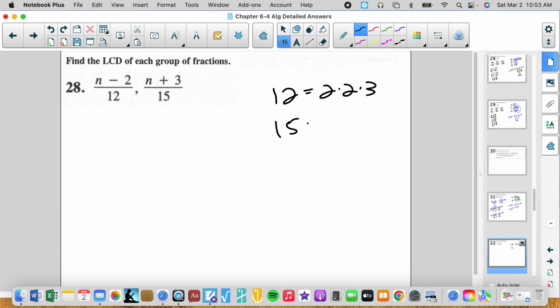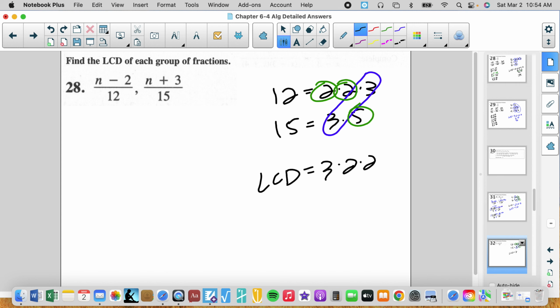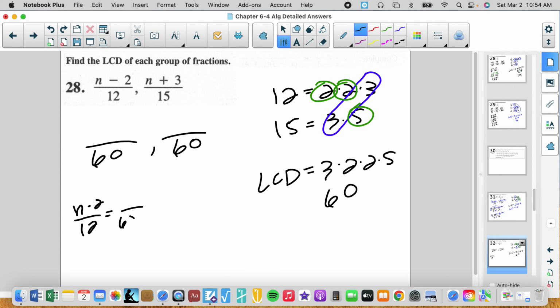Prime factorization, you should be able to do these super fast. They have in common, and then we have leftovers. So my LCD is going to be what they have in common, leftover, leftover, leftover. So that is 60. 6 times 10 is 60. We're going to write it as a fraction in 60ths. So (n minus 2) over 12 equals how many 60ths?